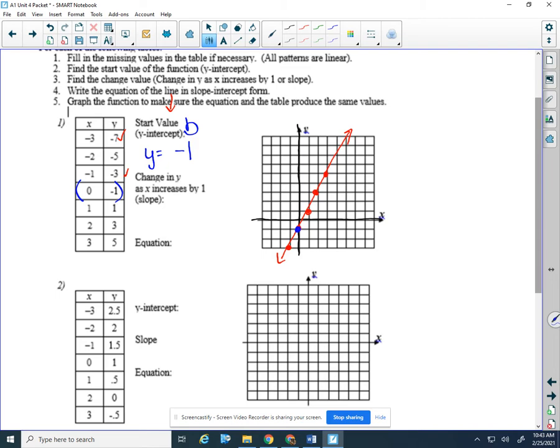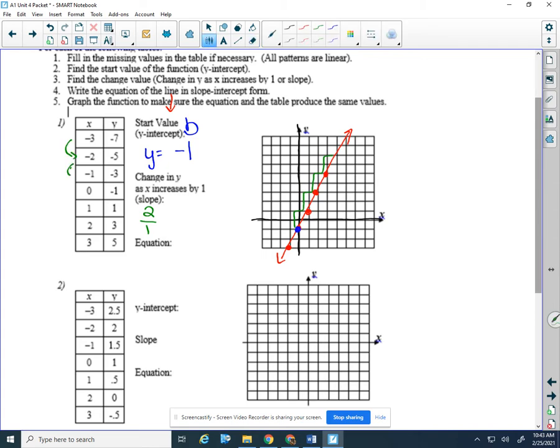Now this change in y, as x increases by 1, is known as the slope. So you can look at your graph. We're going up 2, right 1 space. Up 2 spaces, right 1 space. So you could say the slope is up 2, right 1. Or you can look on your table.